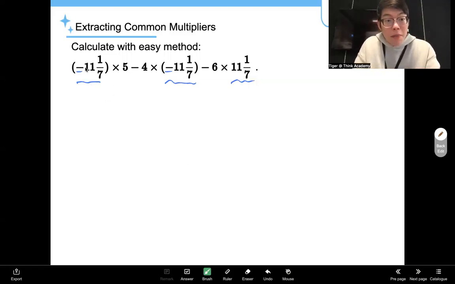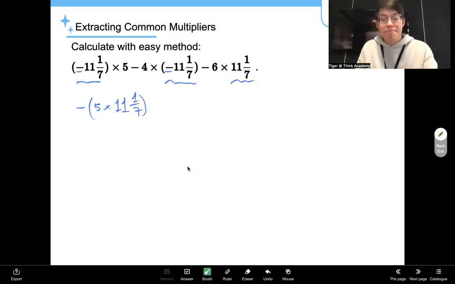For example, minus 11 and a seventh times 5 can be written as minus 5 times 11 and a seventh, right? And minus 4 times minus 11 and a seventh can be written as plus 4 times 11 and a seventh.